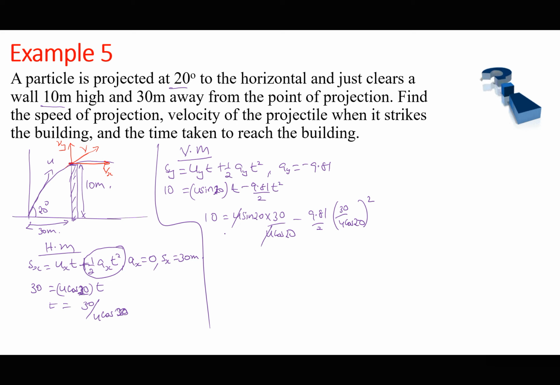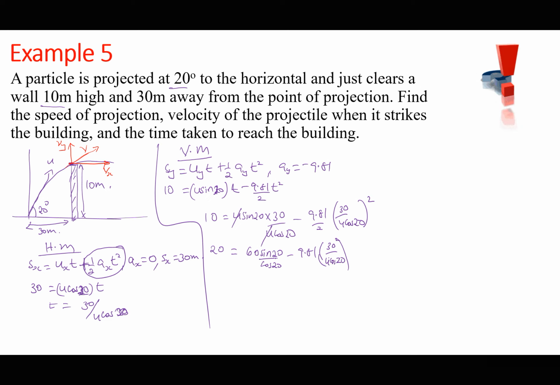I'm going to press my calculator to try and simplify this. So 10 is on one side. I'll first take one quantity on one side, multiplying everything by 2. I have 20 is equal to 60 sine of 20 divided by cos of 20, minus 9.81 into 30 divided by u cos of 20, squared.